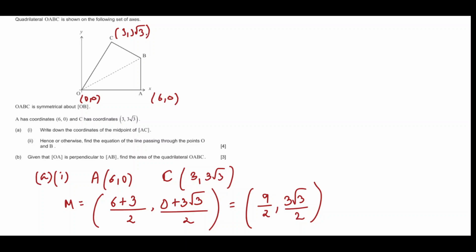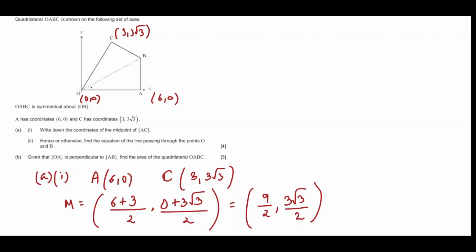Now, we have to find the equation of the line passing through the points O and B. Since this figure is symmetrical about line OB, that line will pass through O and B and the midpoint M, right?